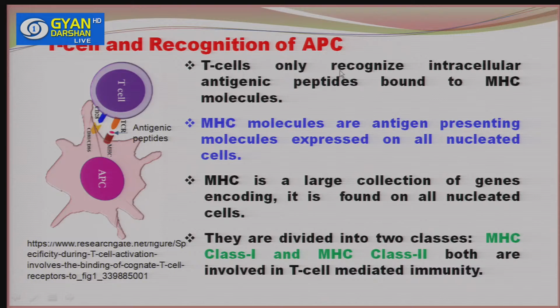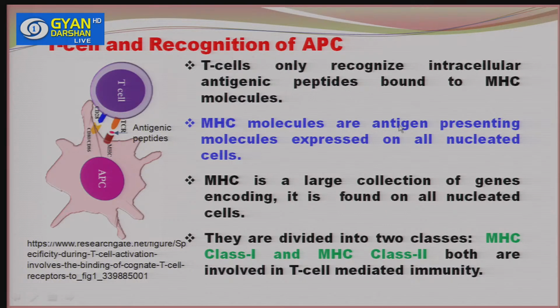T cells only recognize intracellular antigen peptides bound to the MHC molecule. If the antigenic peptides are not bound onto the MHC molecule, they are not able to recognize it, and ultimately T cell activation, maturation and differentiation will not take place and the T cell will die.